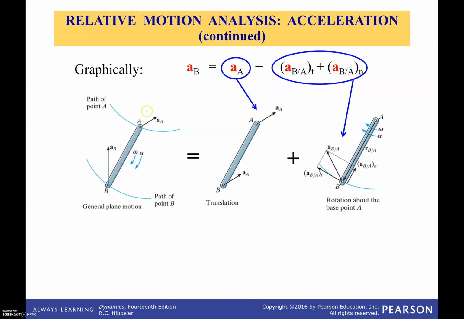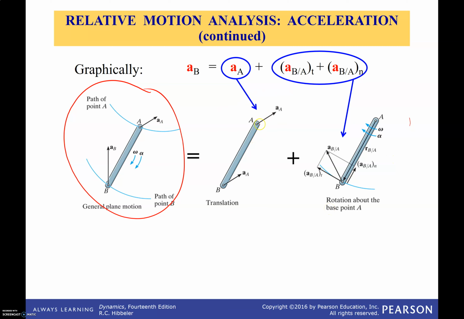So that's what is happening. This is the general motion here. That general motion has an acceleration for point A and an acceleration for point B. We also have an angular velocity here and an angular acceleration. So we break the motion into a translation and a rotation.